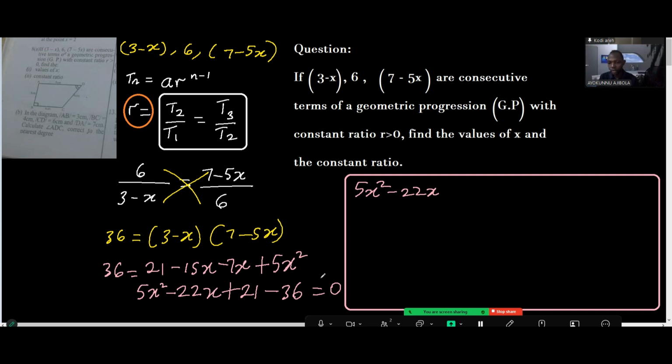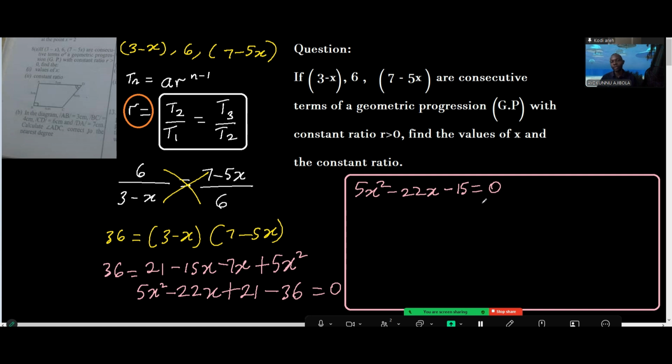I was saying, what is 21 minus 36? Minus 15. Minus 15, right? Yeah. So minus 15 equals 0. So this is a quadratic equation.